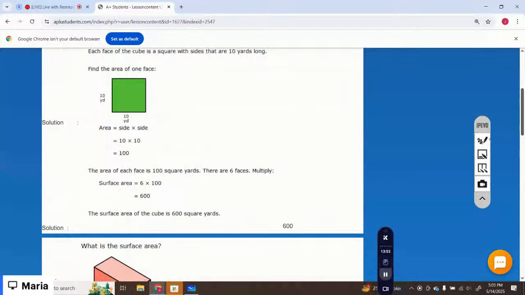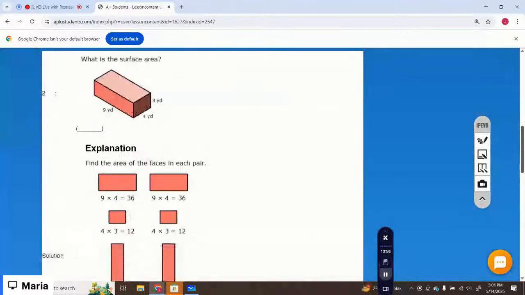Okay, the next one is what is the surface area? So you need to calculate the surface area of each face, right? The rectangular faces. So let's just start calculating there. Surface area of each face is 9 times 4, which is 36. We have another face, the same face, that is 36.